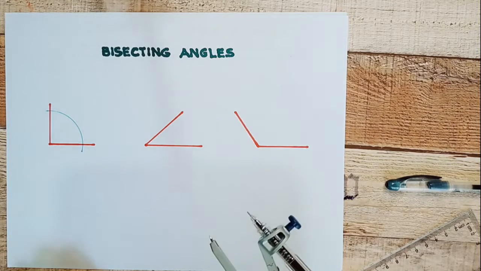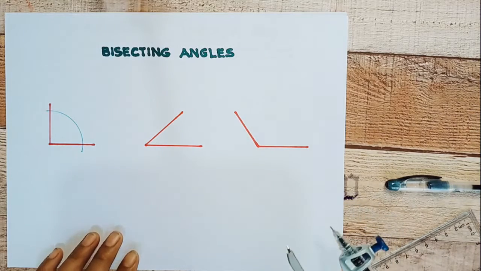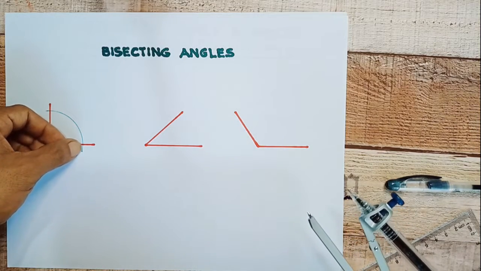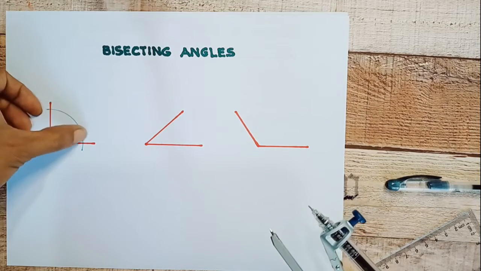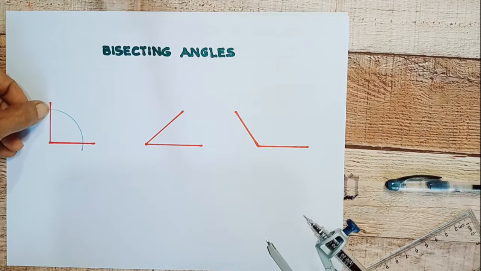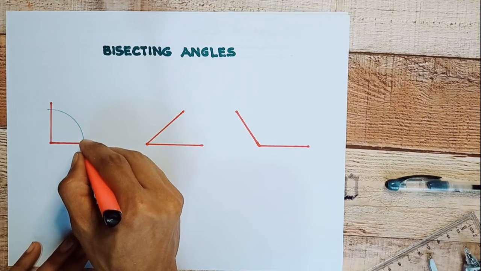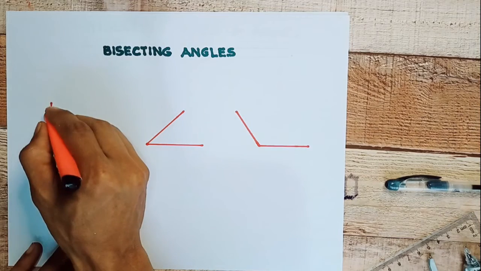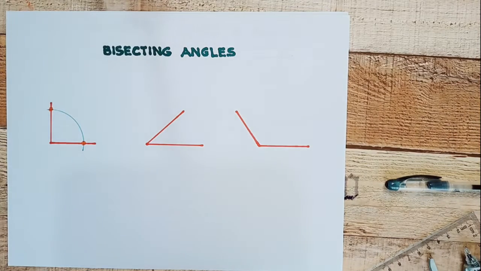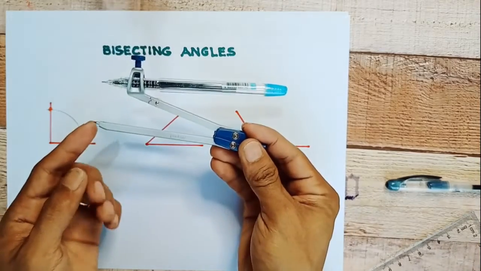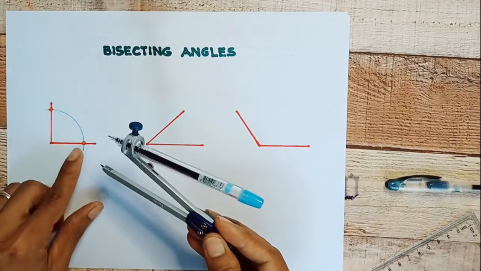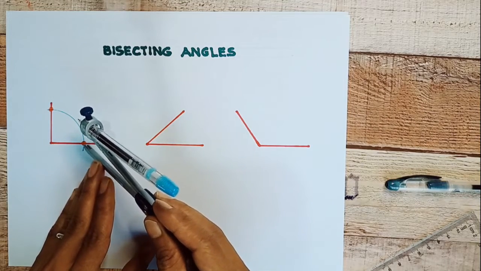The next, what we do is from the points where our arcs meet the angle, this point, this point, and that point, there. We're going to position again the needle on each of those points of intersection there, like so.